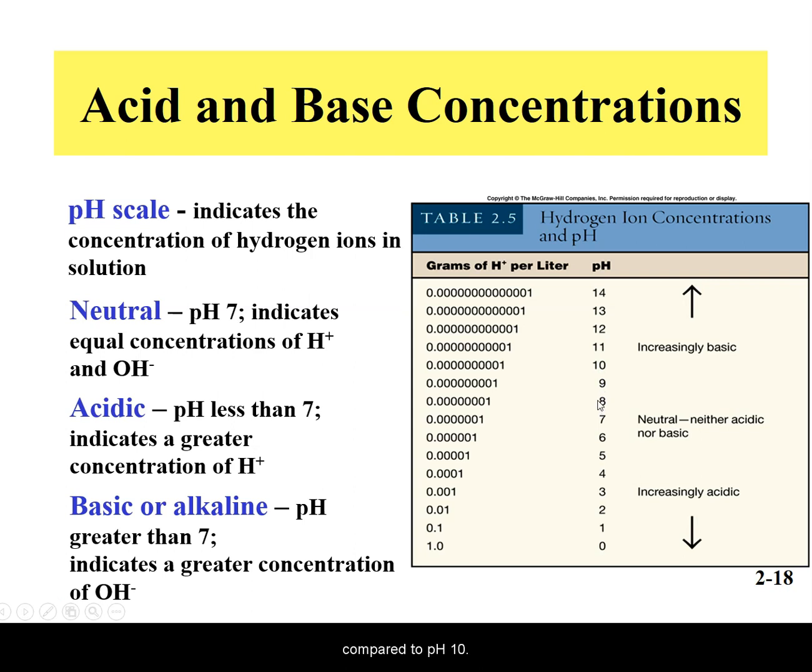So pH 10 is 100 times more basic or alkaline than pH 8. 7 is neutral, equal in numbers of hydrogens and hydroxyl ions.